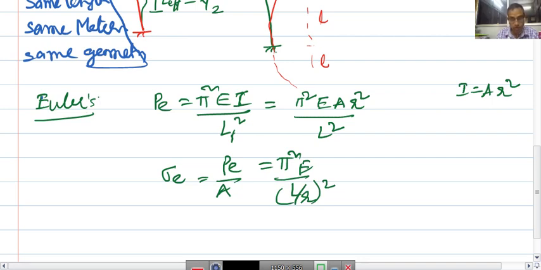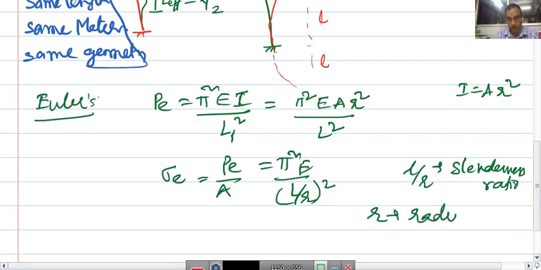So, this term L by R we termed as slenderness ratio, where R is nothing but your radius of gyration. Radius of gyration is what we discussed, right.